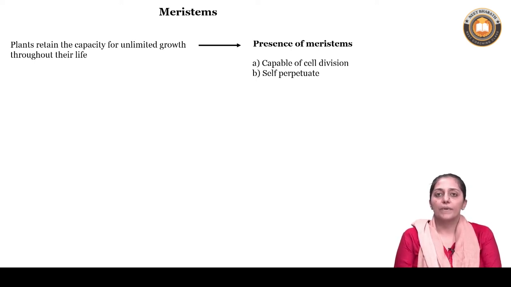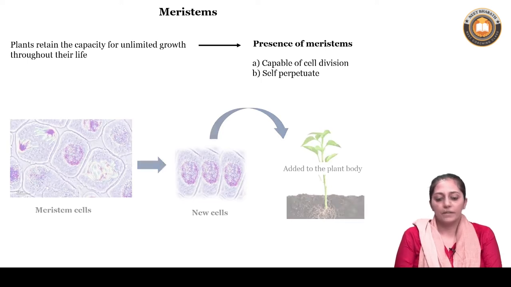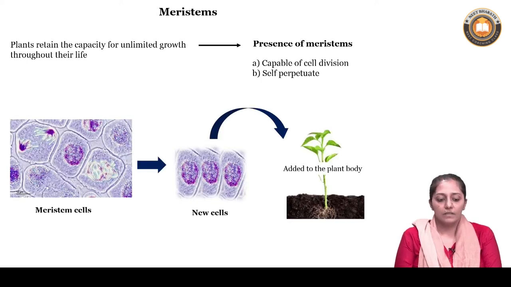This happens due to the presence of these meristems or meristematic regions in the plant. The cells in these regions are capable of continuous cell division and self-perpetuate. As you can see on the slide, the photograph shown is of meristematic cells.